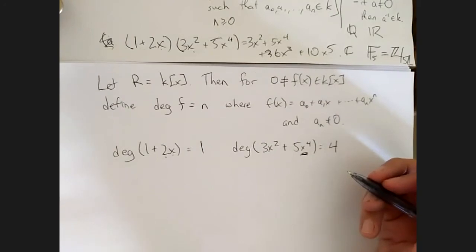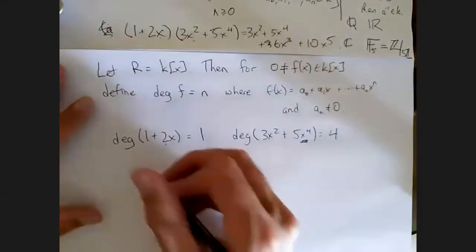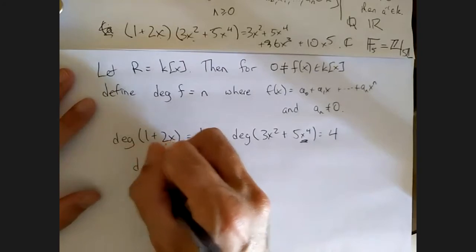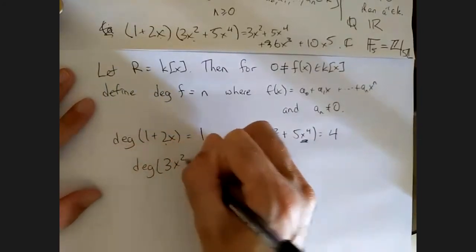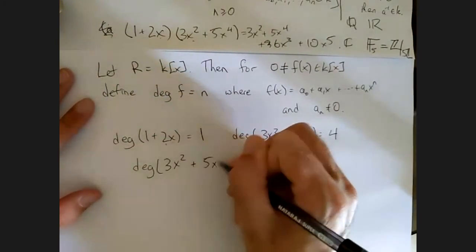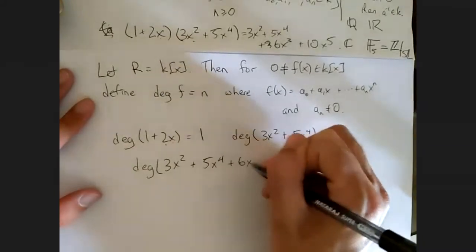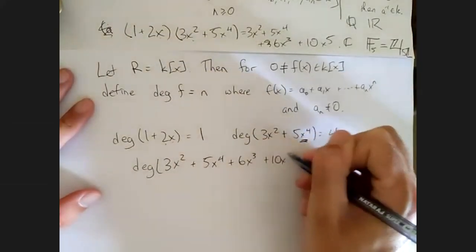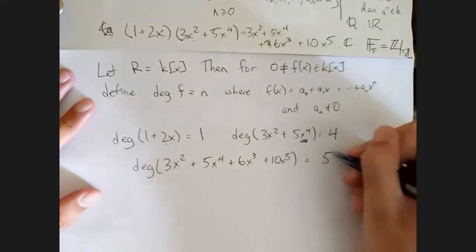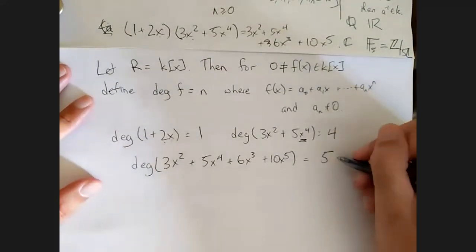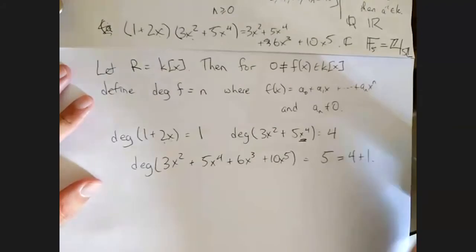Of course, in our example, when we multiplied them, the degree was 5, and actually that's just 4 plus 1, and that is not a coincidence.